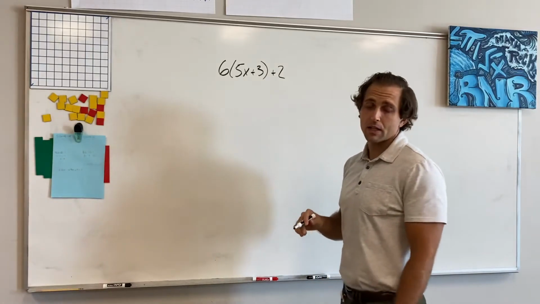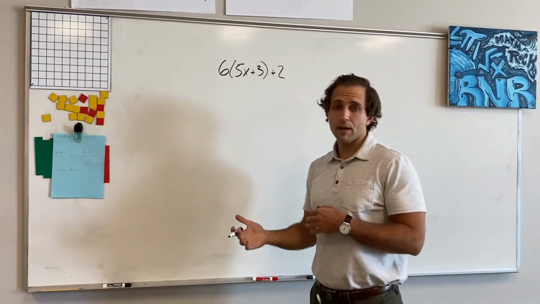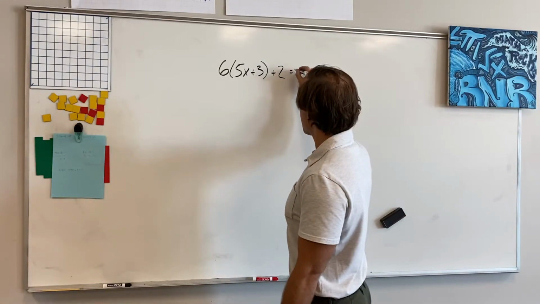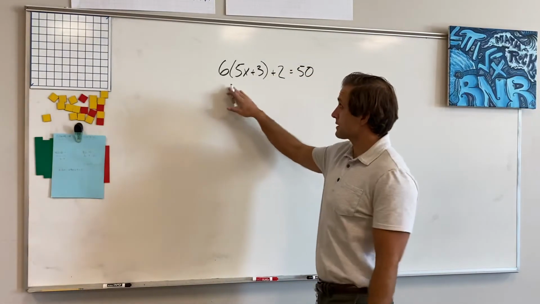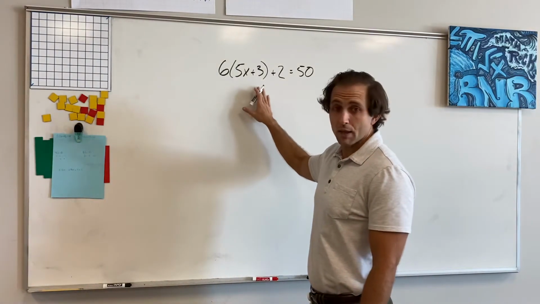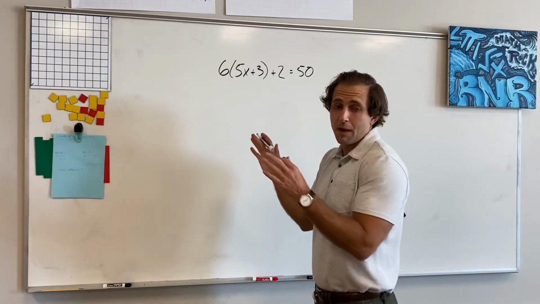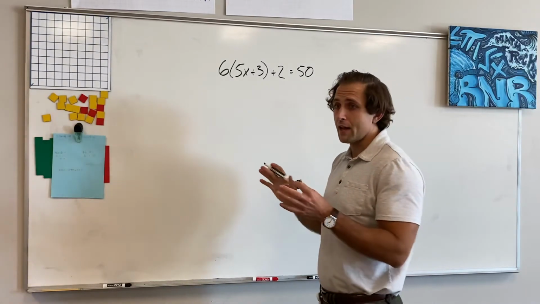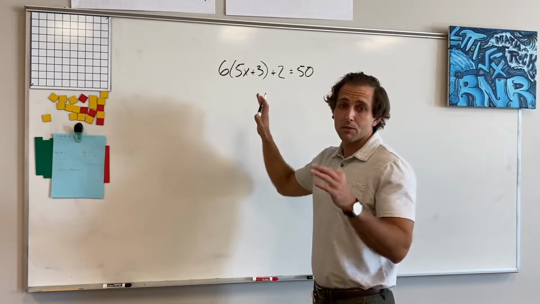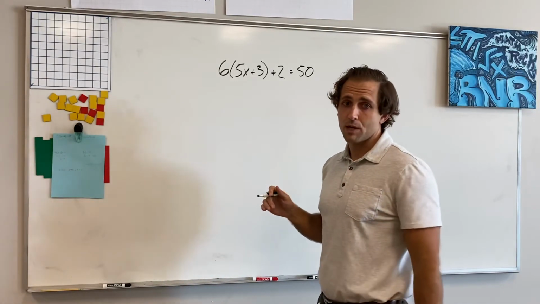Maybe you have an additional term there, and we've got to combine like terms before we attempt to solve. So we're still going to use that same strategy. I want to write this expression in standard form. I'm just going to manipulate the left side of the equation. I'm not adding, subtracting, multiplying, or dividing. I'm not changing the value in any way. All I'm doing is rewriting it as an equivalent expression.